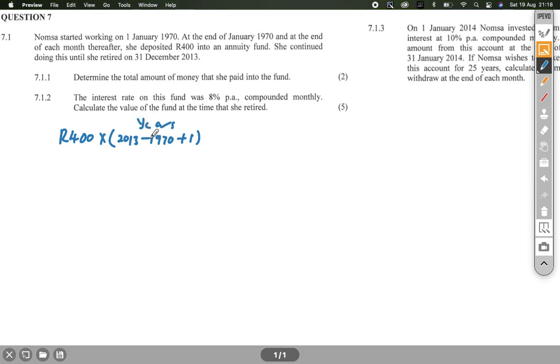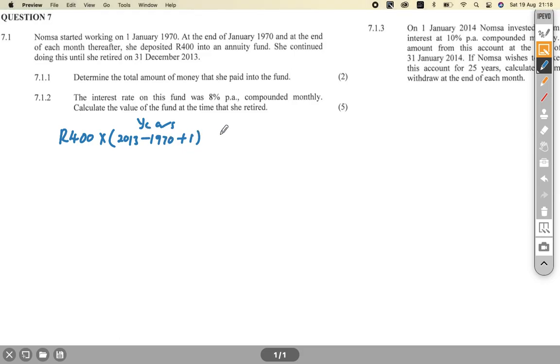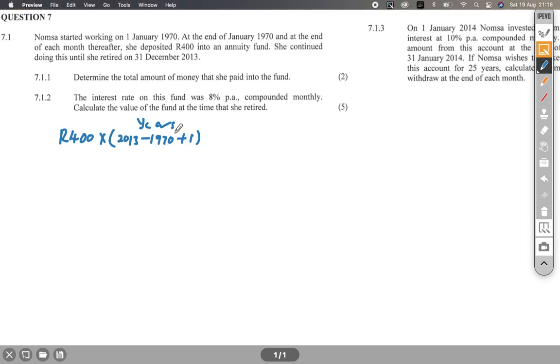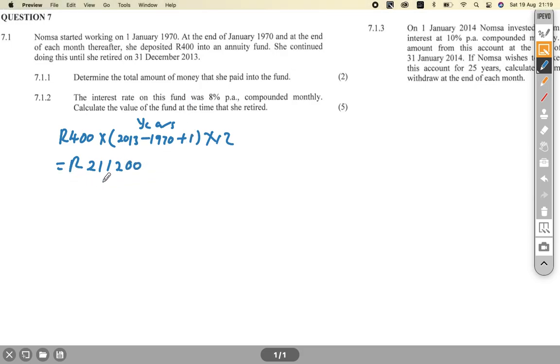And then you have to remember that this person hasn't been paying on a yearly basis, but on a monthly basis. So to get to months, we have to multiply by 12. So this is going to give you 211200. So that's how much she paid into the fund.